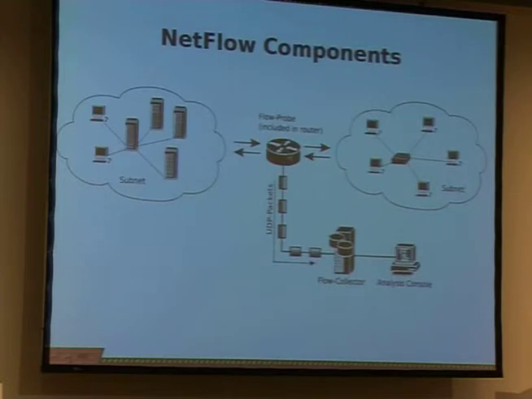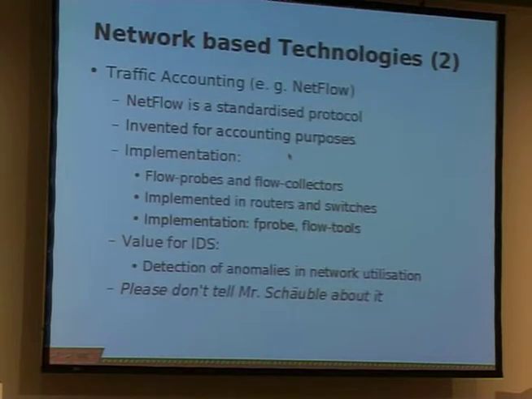The flow collector receives the packets and stores them in a database or otherwise for further processing. So the value for IDS is that we can detect anomalies in network utilization.